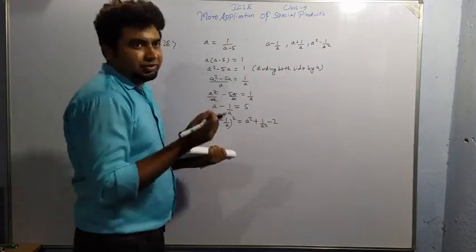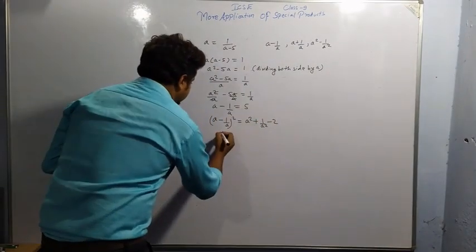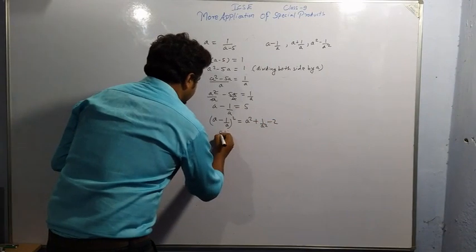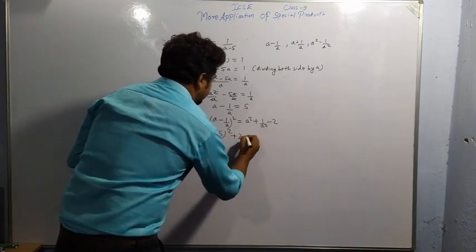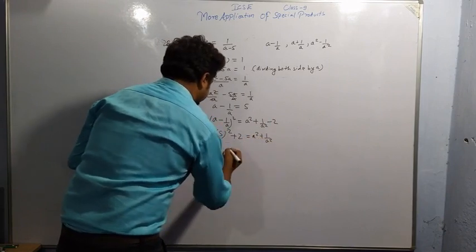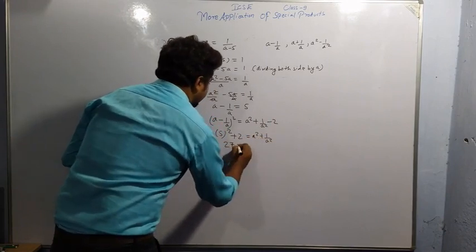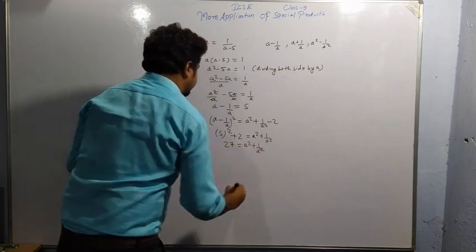I am writing minus 2 because a and 1 by a will get cancelled. A minus 1 by a we know is 5, squared, and from here minus 2 goes to the other side, so it becomes plus 2. A square plus 1 by a square is 27.